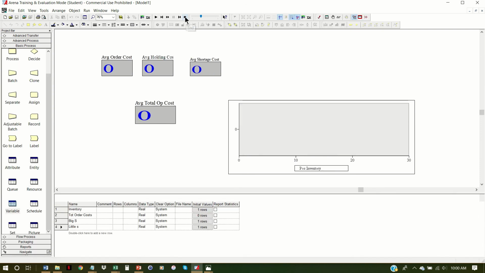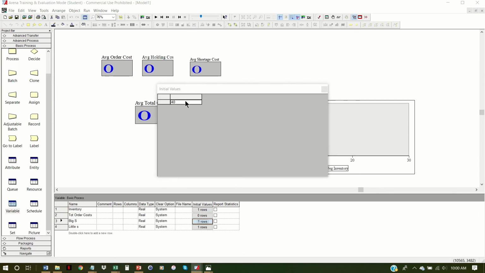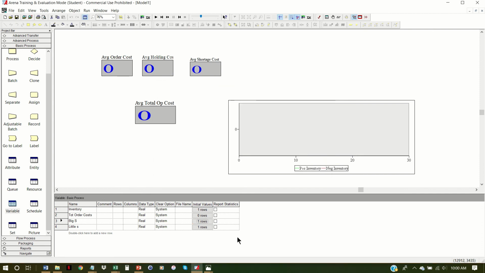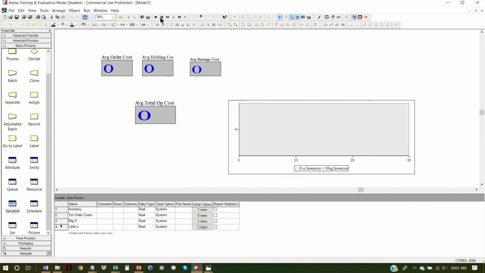So let's try now, instead of ordering up to 40, let's order up to 60. That's our original inventory level. And we can change our reorder quantity to, let's say, 30. Okay. And we can run this again.